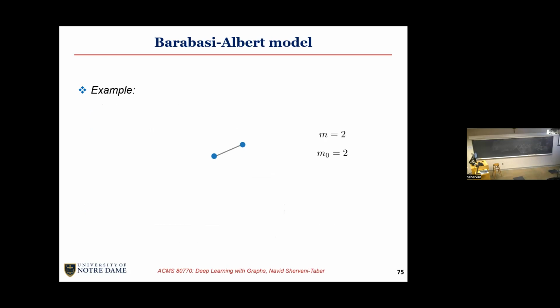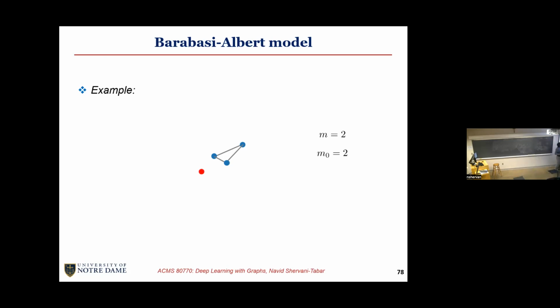At each iteration, I'm going to add a single node and connect that new node to two of the nodes that already exist in the network. So let's say that I'm adding this new node here. I'm going to connect it to both of them, because there were only two nodes.